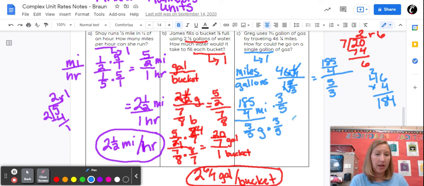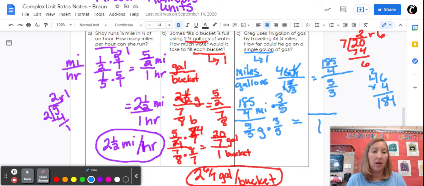So when I do this, my bottom number is going to be 1 because 5/3 times 3/5 is going to be 15 over 5, which reduces to 1. And then I need to do 185 fourths times 3/5. Now, these are some bigger numbers, and it's going to help me out if I simplify first.